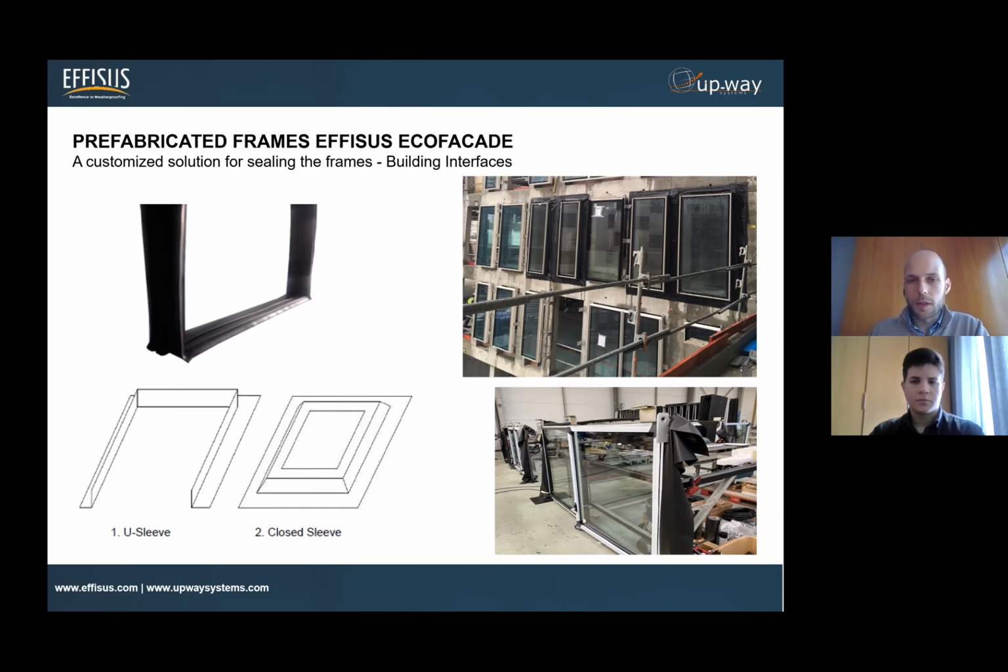So just for instance, applying a bit of adhesive below the membrane, and then the membrane will press on the window. But we can not only provide a full frame, so closed frame, we also can provide U-sleeve frames. So it's the same, but of course with a U-shape.